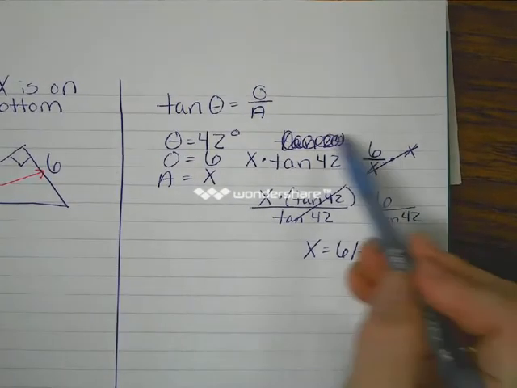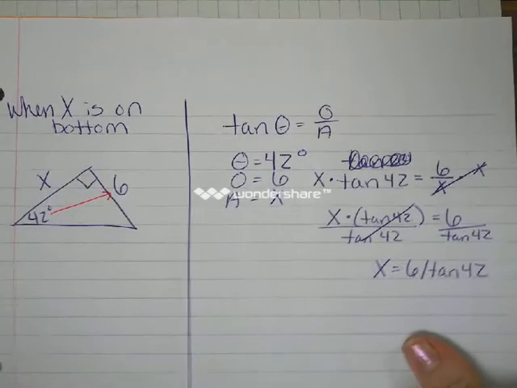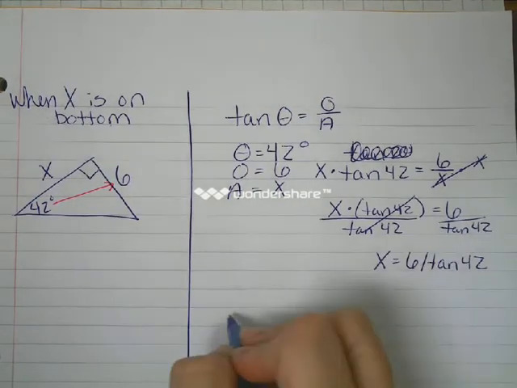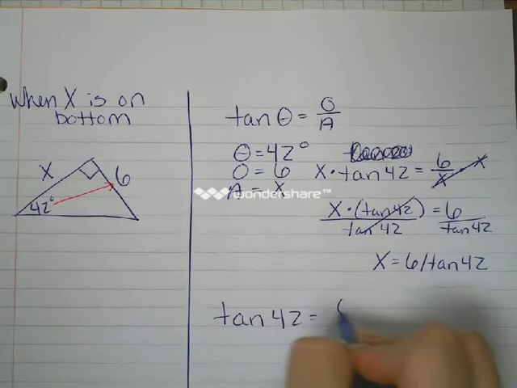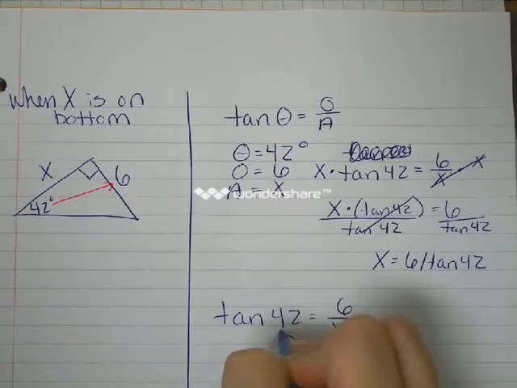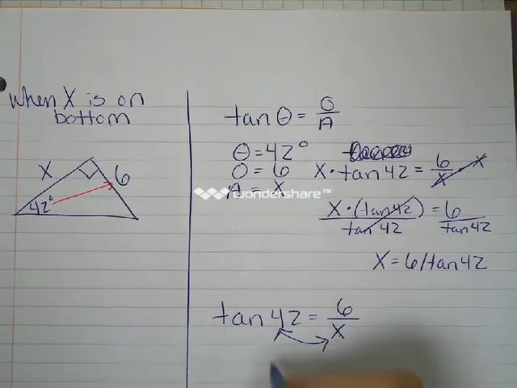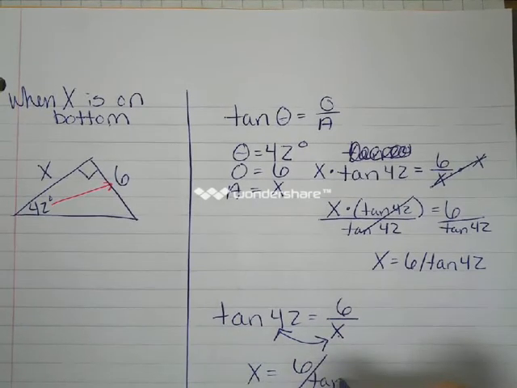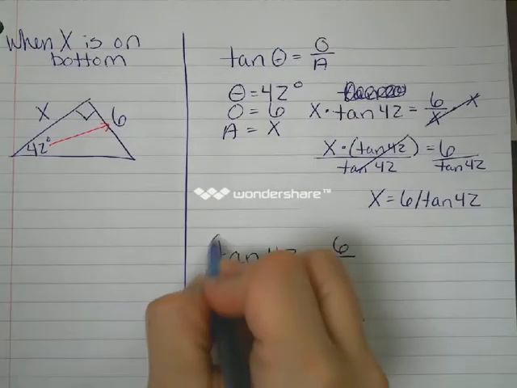But if that didn't make sense to you, I did have some success last year by telling kids that when x is on bottom, to just switch these. The x comes over here, and the tangent of 42 moves to the bottom. You just have to realize that this is one huge thing. The whole thing moves over.